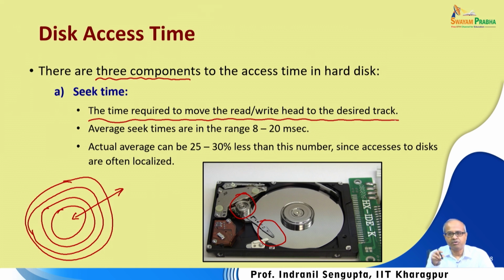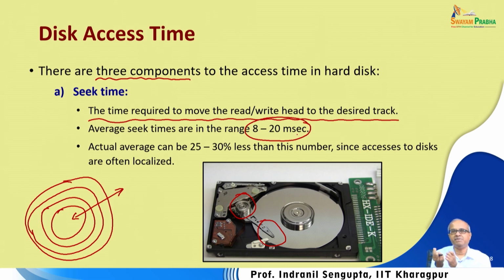As I said, because it involves mechanical movement, it cannot be very fast. It typically takes several milliseconds. But this time that I am showing is the worst case. From one end of the disk, if you want to move to the other end, what is the maximum time? But on the average, you may not have to move through all the tracks, because you may already be in the middle, maybe you will have to move through 10 tracks only.